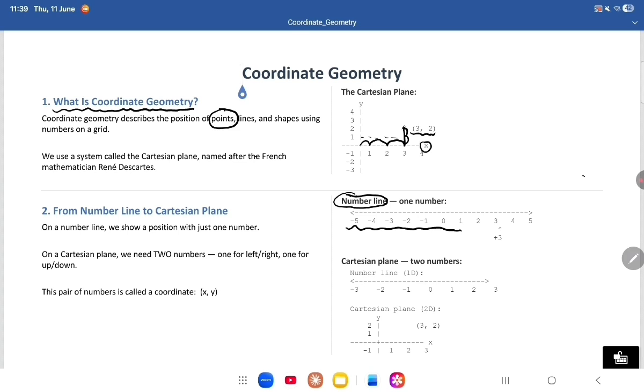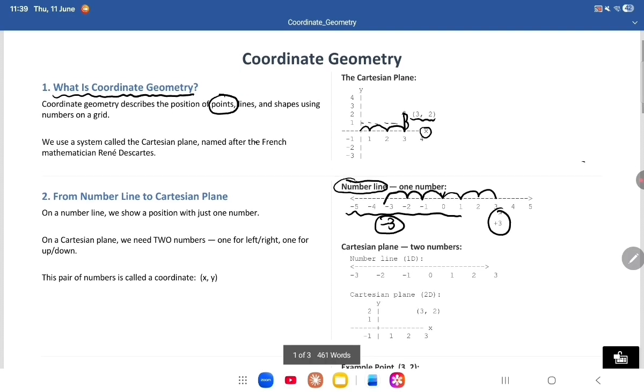But if you go 3 steps left, then it means -3. You can see here, if you go 3 steps across, then +3 is here. If you walk 3 steps left, then it's negative, -3. So the same goes for the Cartesian plane.